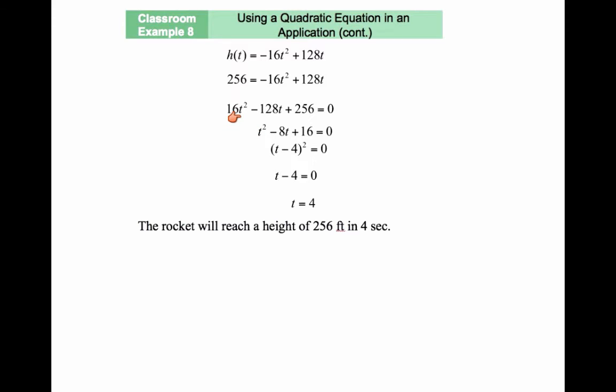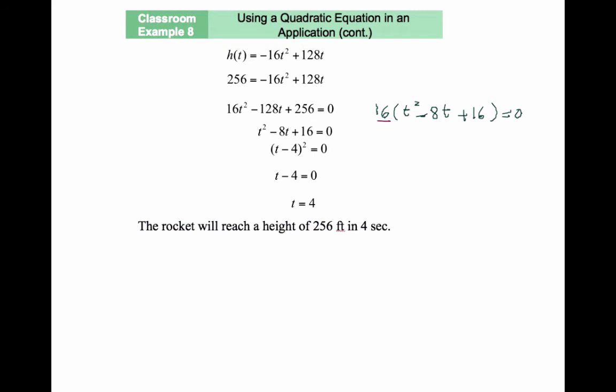So we move everything to the left, and then as you see here, you can factor 16 out of these. We have 16 in common there. So if I factor 16 out, it gives me t squared minus 8t plus 16 equal to 0.